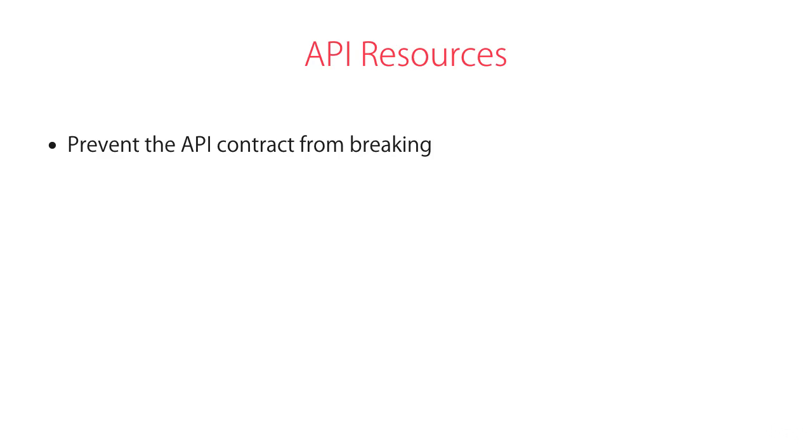The second reason we create API resources is to prevent overposting attacks. So, as I showed you earlier, certain properties should not be set by the client. The last update property was one example. So, our domain classes might have several properties, but our API resources should have only the properties needed for creating or updating data, nothing more.